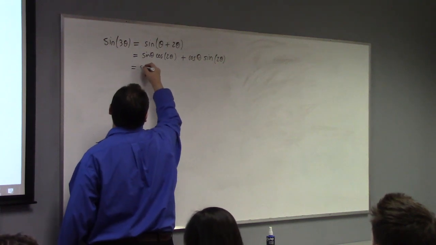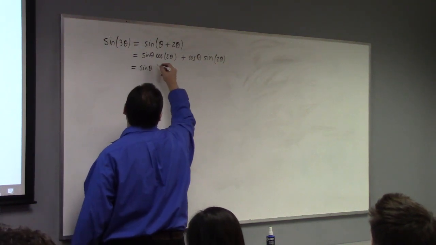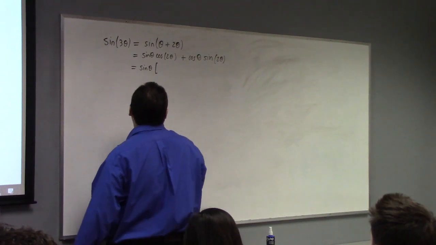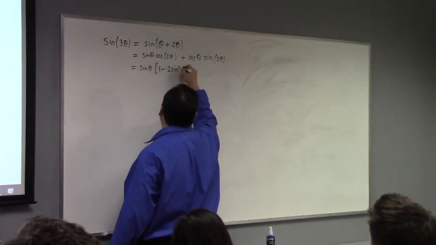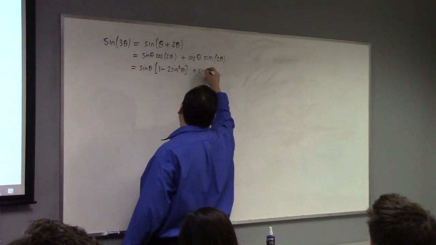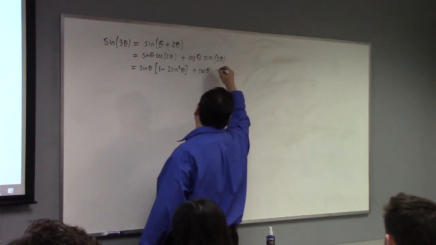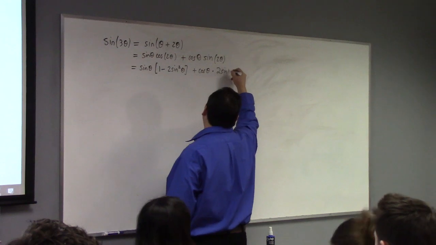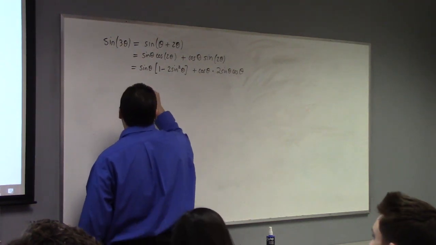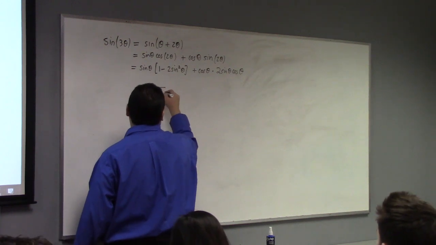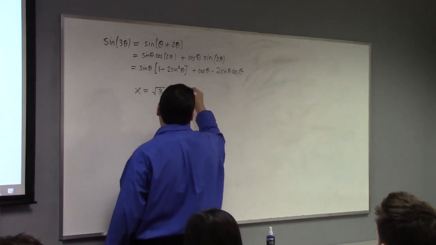Sine theta is sine theta. What's cosine of 2 theta? 1 minus 2 sine squared theta. There's a few different ways to go there, but that's one of them. And then plus cosine theta times sine 2 theta, which is 2 sine theta cosine theta. But you were given that x is equal to the square root of 3 cosine theta. Have I remembered that right?